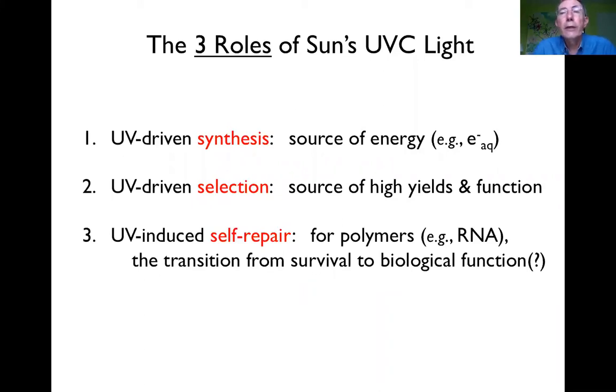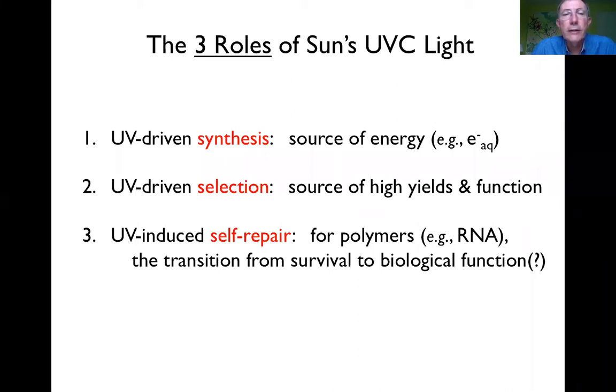But what I learned as I got myself deeper and deeper into this in the last few years is that while this is important and necessary, I mean, you can't even start the synthesis without it, probably the most important thing about the origin of life is actually number 2, and number 3 is kind of the same as number 2, but at a higher level.